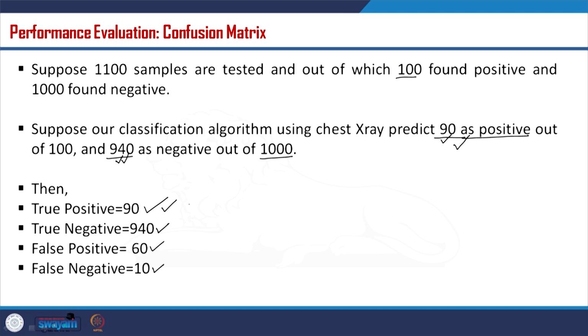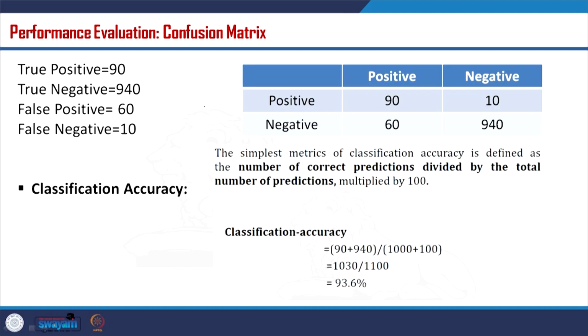Okay. So, now based on these 4 parameters we will make our classification matrix. Here you have the actual class information in every row, and in every column the predicted class.